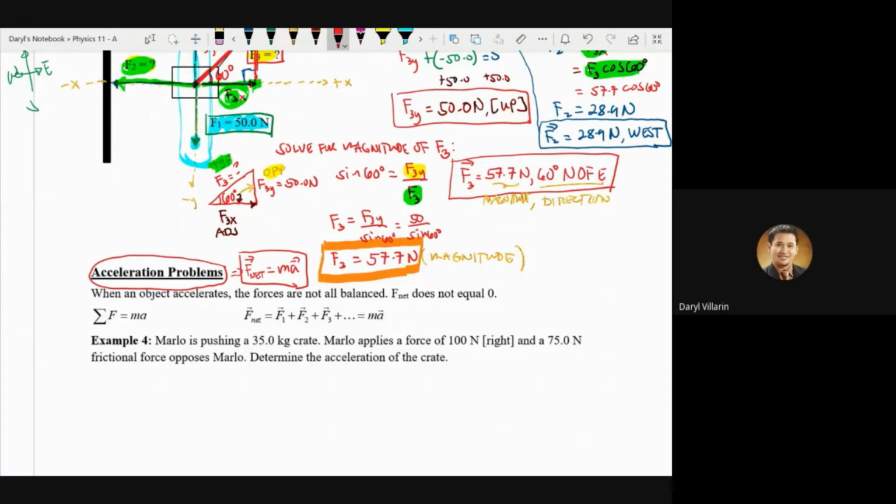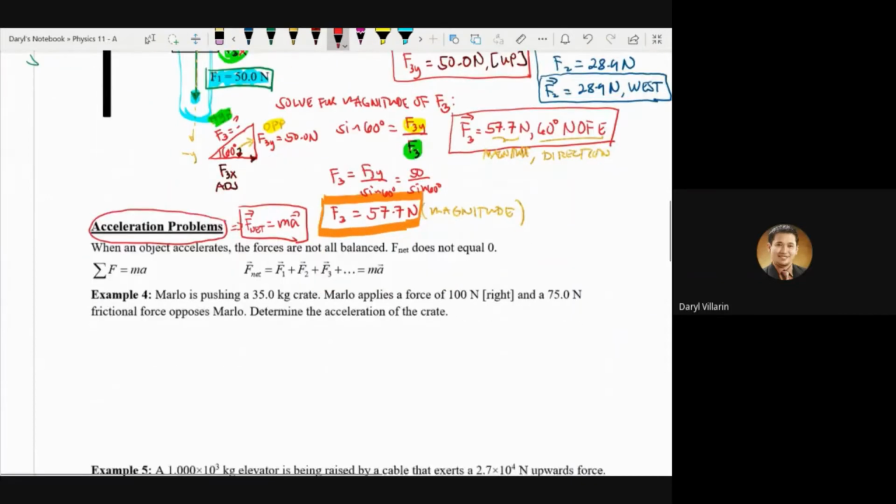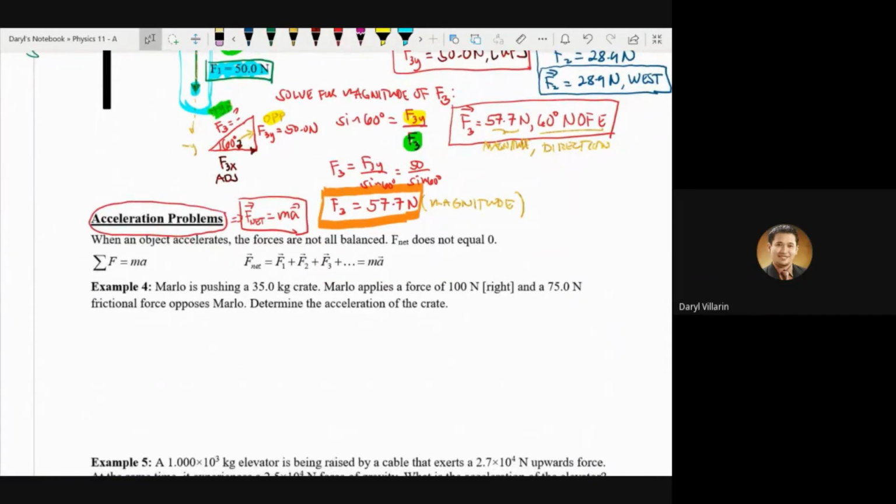If an object accelerates, there must be a net force not equal to 0. Okay? And the net force is just equivalent to the product of the mass of the object times its acceleration. So F net does not equal 0. That is very important in this case. It's not equal to 0 because a is also not equal to 0. Okay, acceleration is not 0.